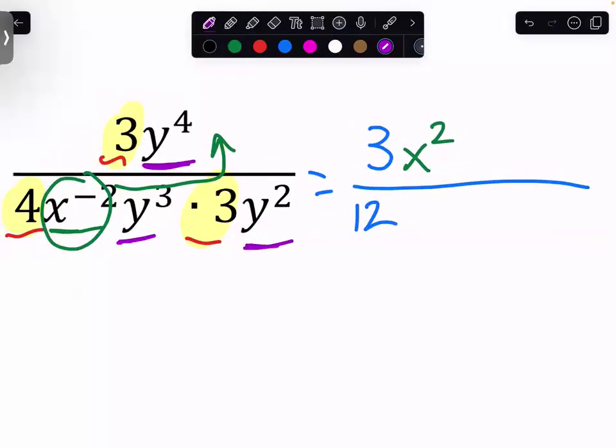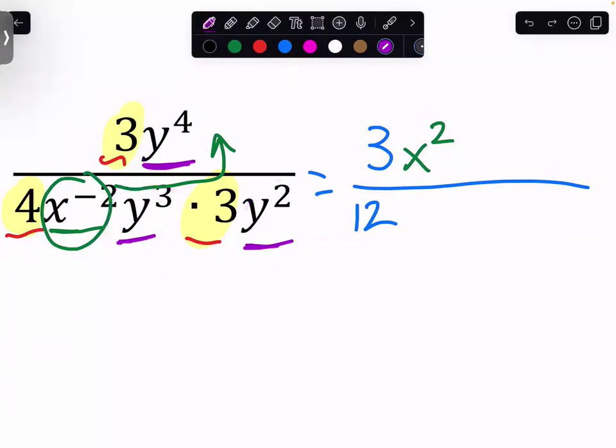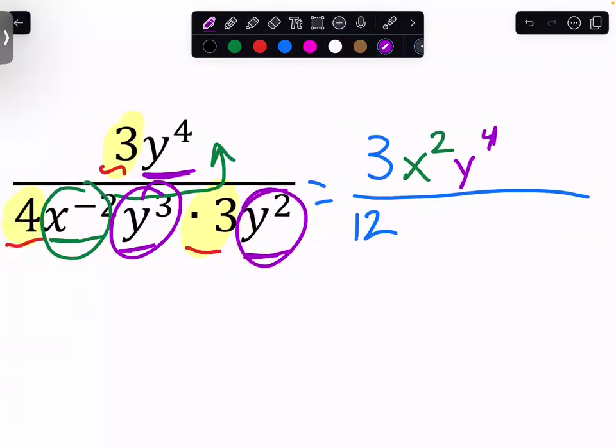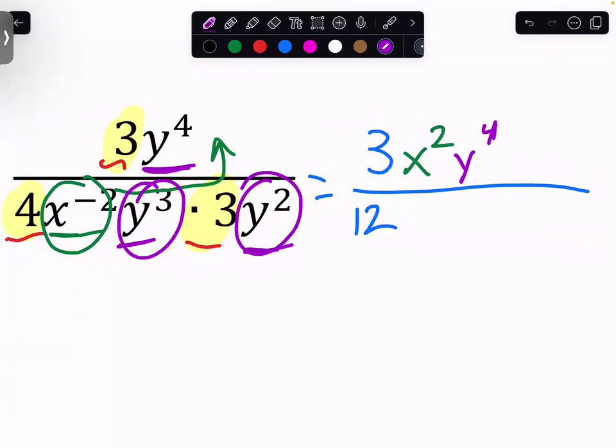Okay, and now there's 3 different y terms. We can just do 2 at a time. So let's leave the y to the 4th for now, and let's focus on combining these 2 together. Okay, so we learned as the first property that when you multiply 2 terms, you add their exponents.